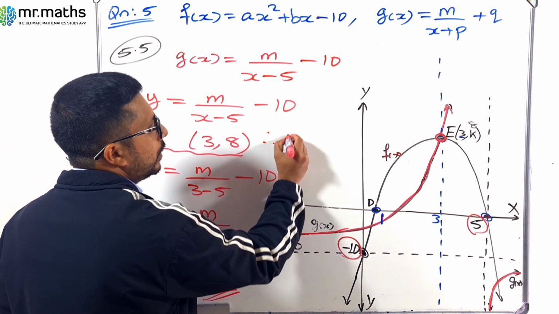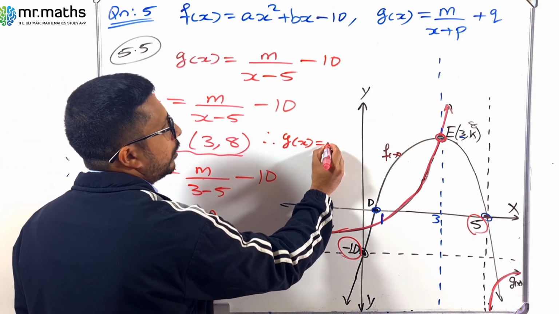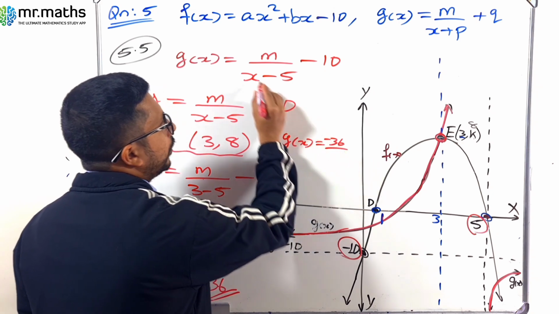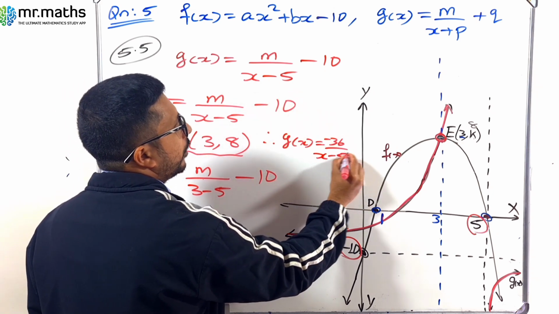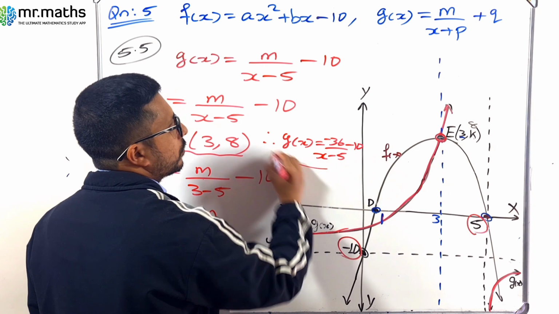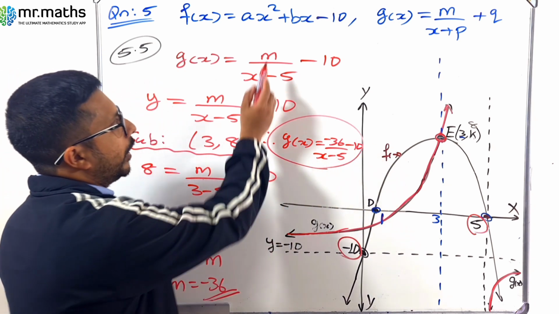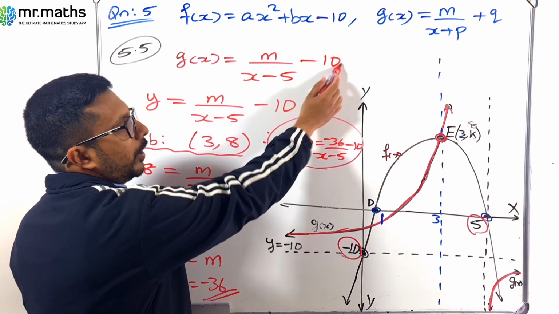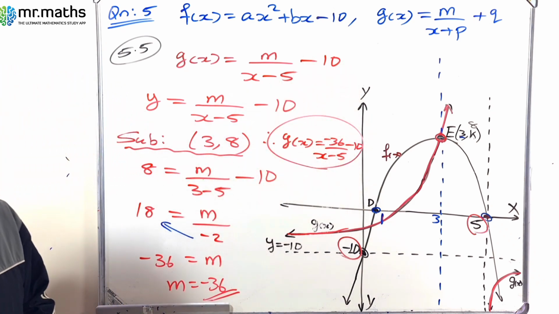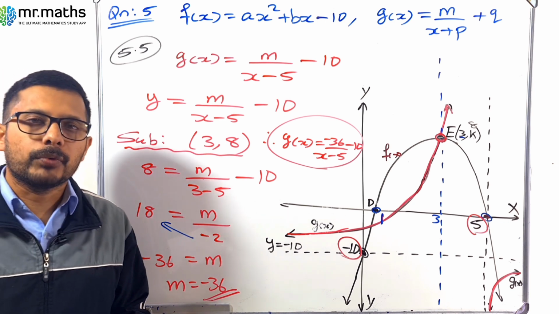So therefore g of x is equal to minus 36 over x minus 5 minus 10. So this is the equation of g of x. Substitute the value of m as minus 36. So that is question number 5.5.